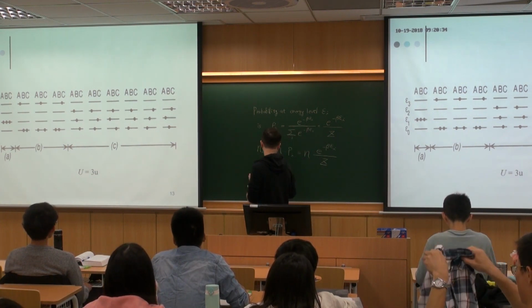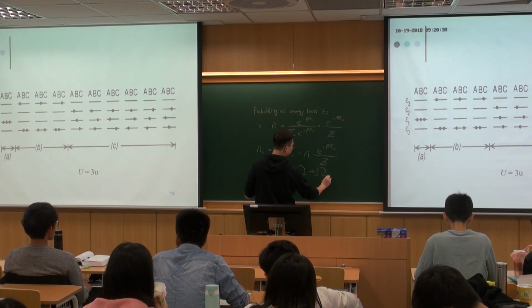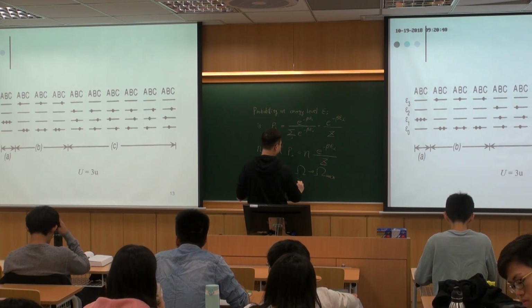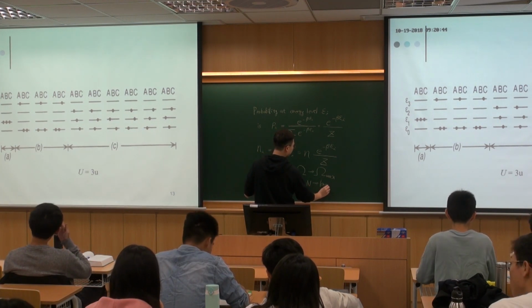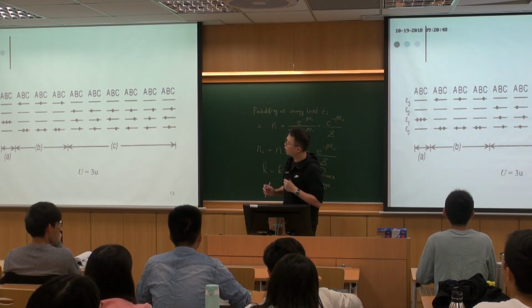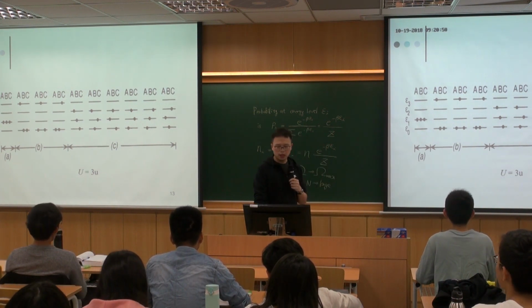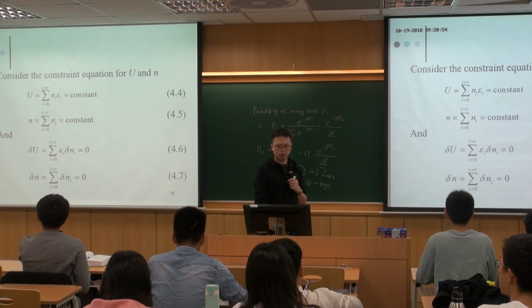So the argument here is that if the size of the system is large, then omega will be approximately equal to omega max.